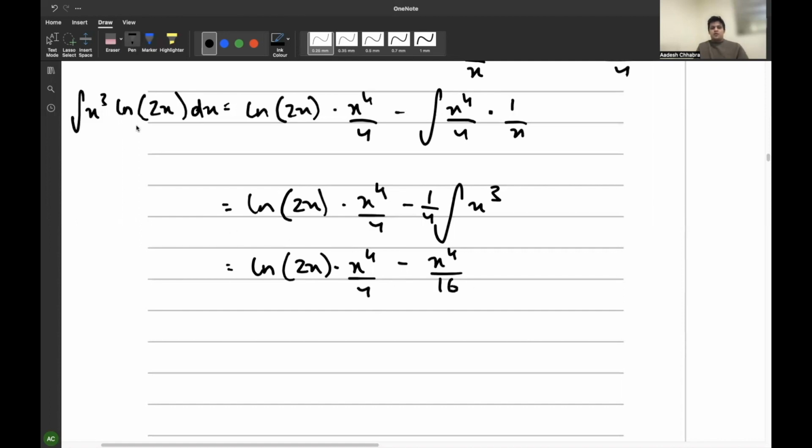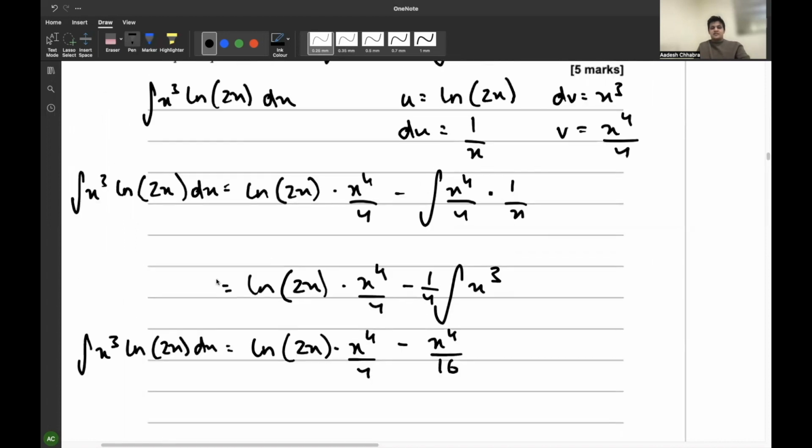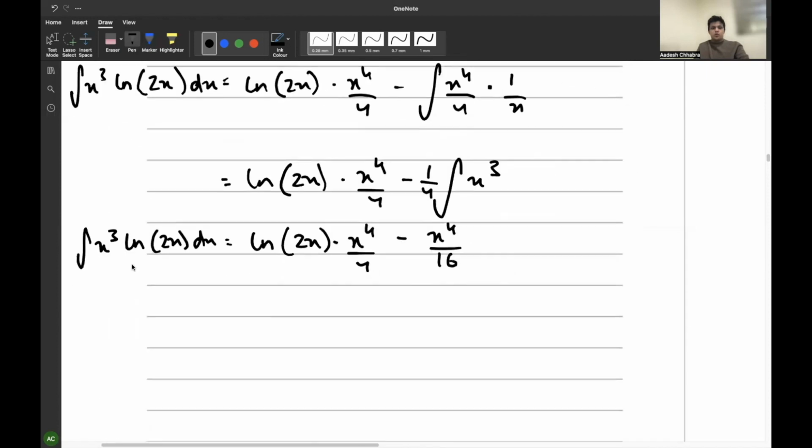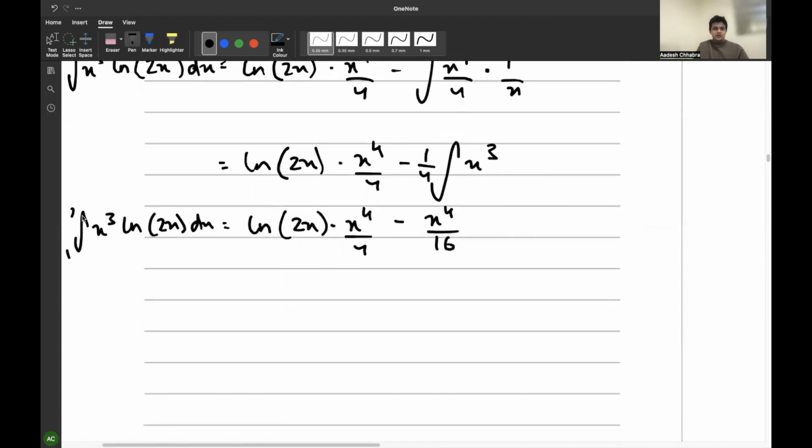Okay, so we have successfully shown what this integral of x cubed ln 2x is equal to. Now we have to find this integral between the limits of 2 and 1. If I add the limits in, it looks like this, and I can go ahead and substitute the values in.